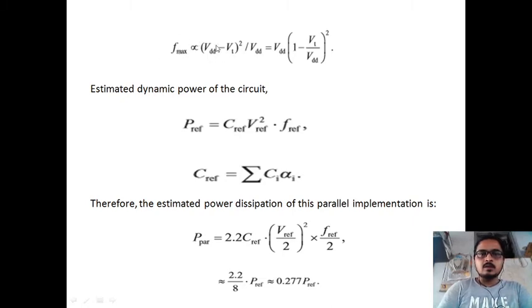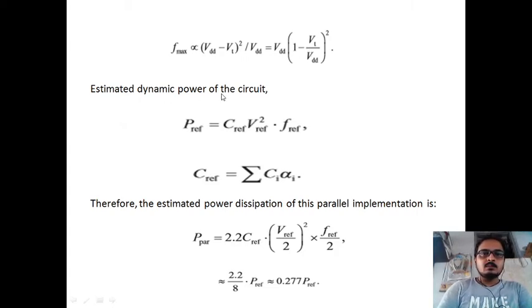When you increase VDD, the supply voltage, the frequency increases. When you scale the supply voltage, the frequency also scales. In this approach, when you scale to half, the frequency will also be scaled to half. Remember that point. When you take VDD as common, the equation changes like this.